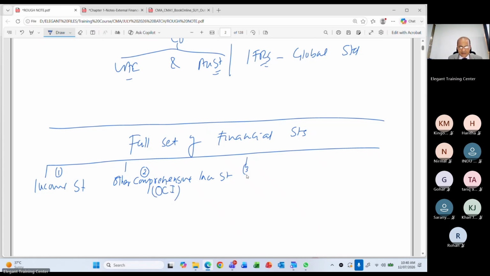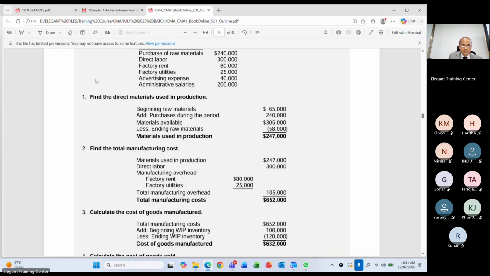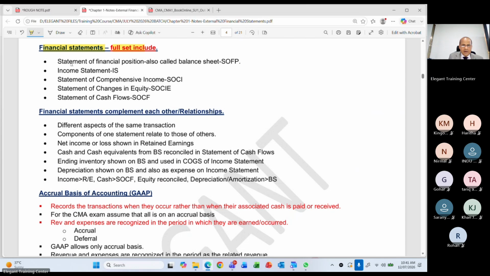Number three, balance sheet, we say statement of financial position, balance sheet. Number four, statement of cash flow, right? Number five, statement of changes in equity. So these are balance sheet, income statement, other comprehensive income statement, statement of changes in equity, and cash flow.